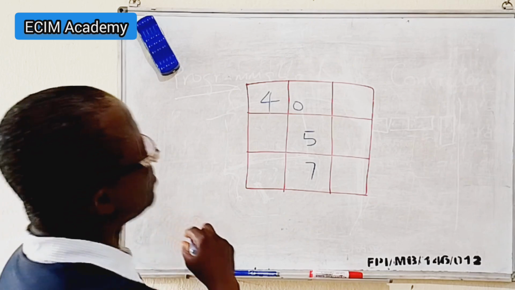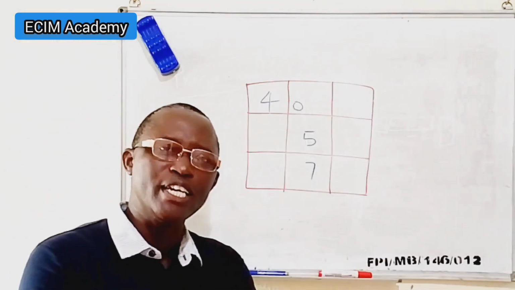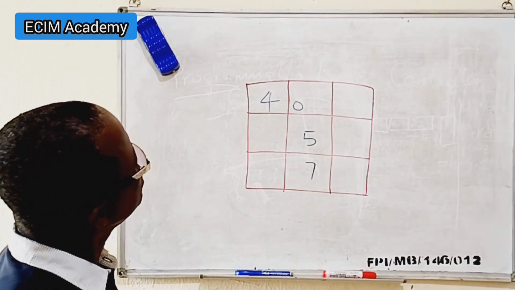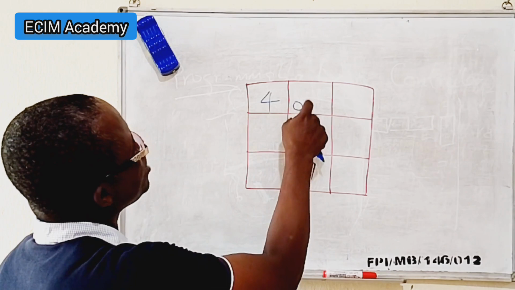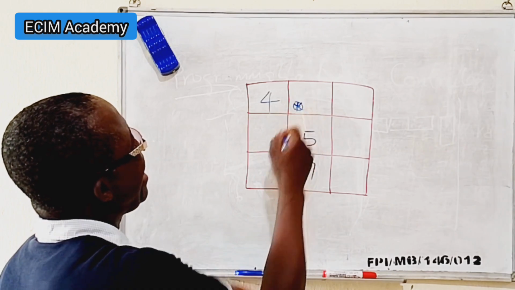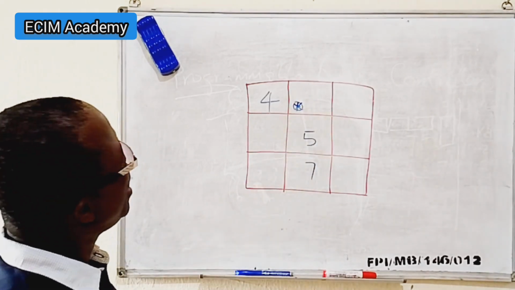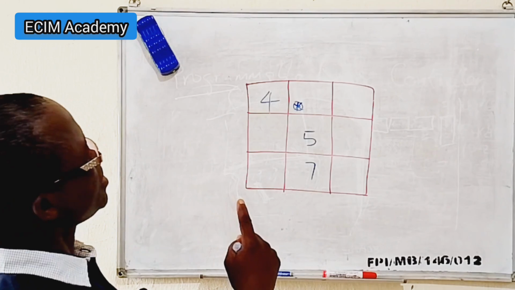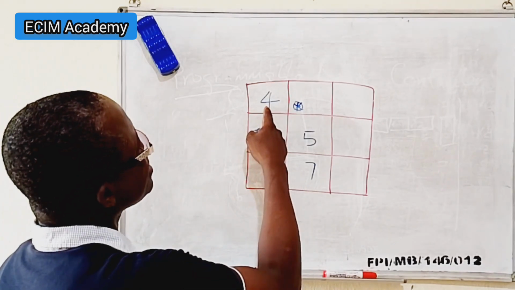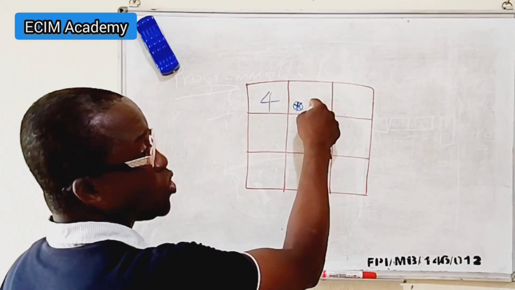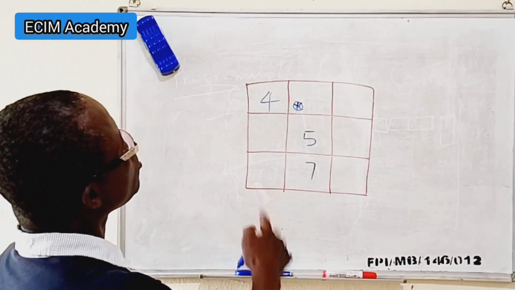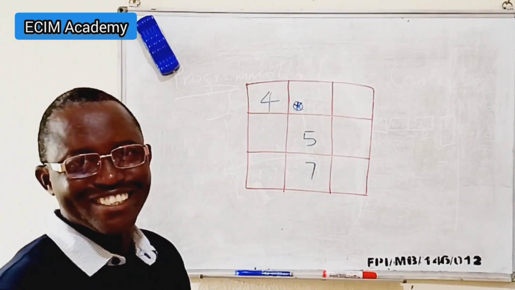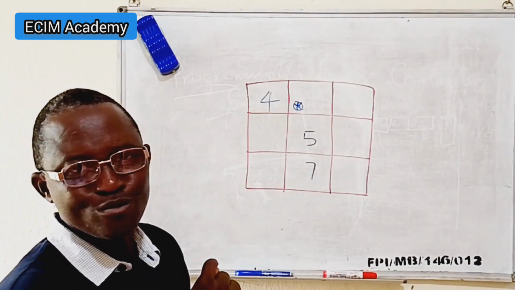So now let's think about it. First thing we do is, okay, we have 5 and 7, and we have 4 and a particular number. Let's call it star. We don't know that number. Then it remains 1 number to complete this row. It means if you sum this plus this without this unknown, it should also be equal to the sum of this plus this without this unknown.